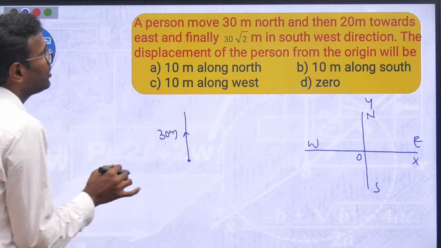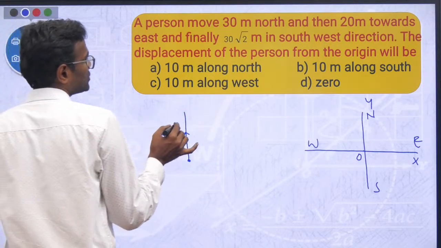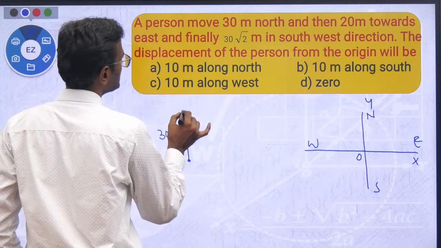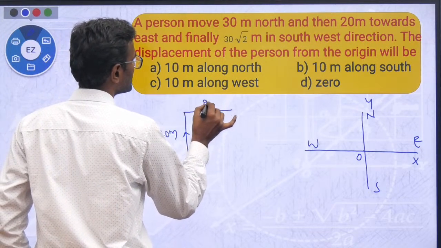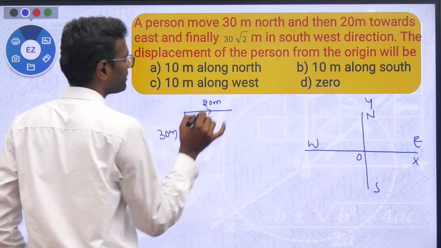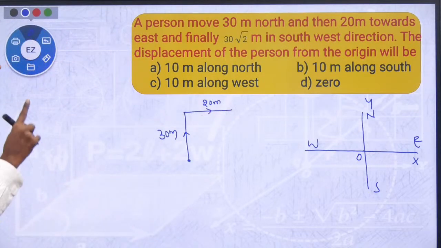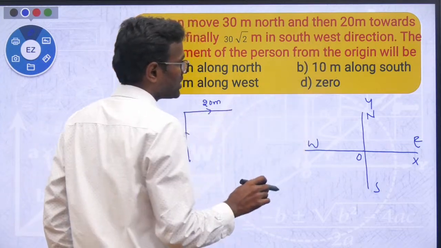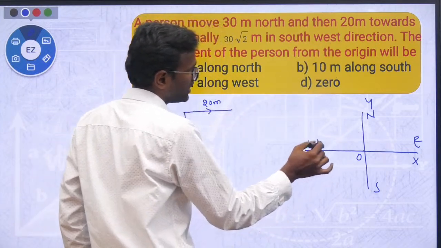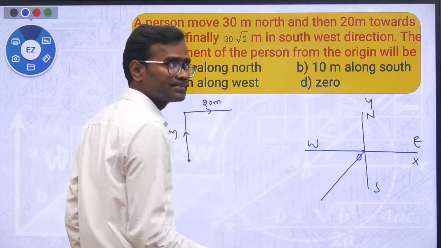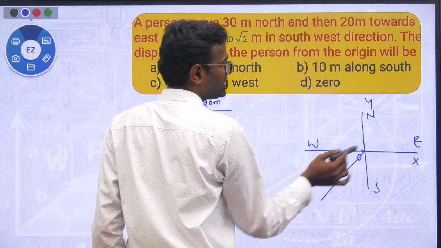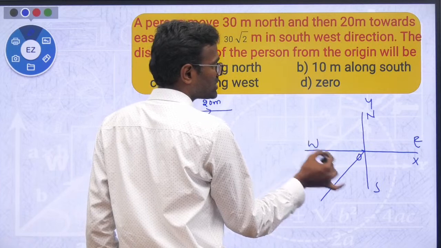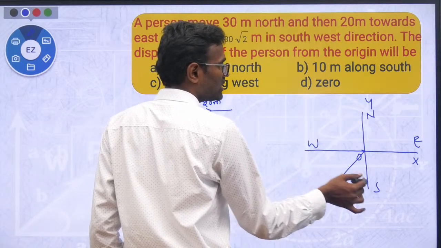Then 20 meters towards east, this is the 20 meters value. Now he moves in the southwest direction. Southwest direction means, see, this is northeast, northwest, southwest, southeast.